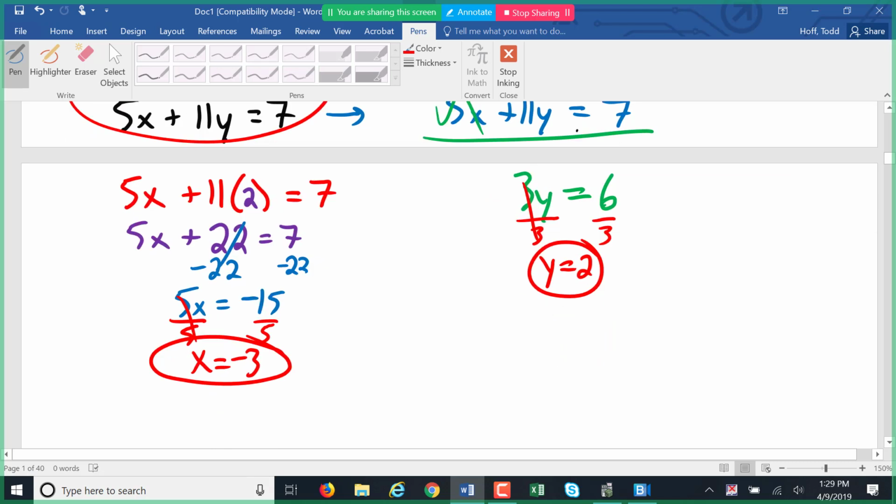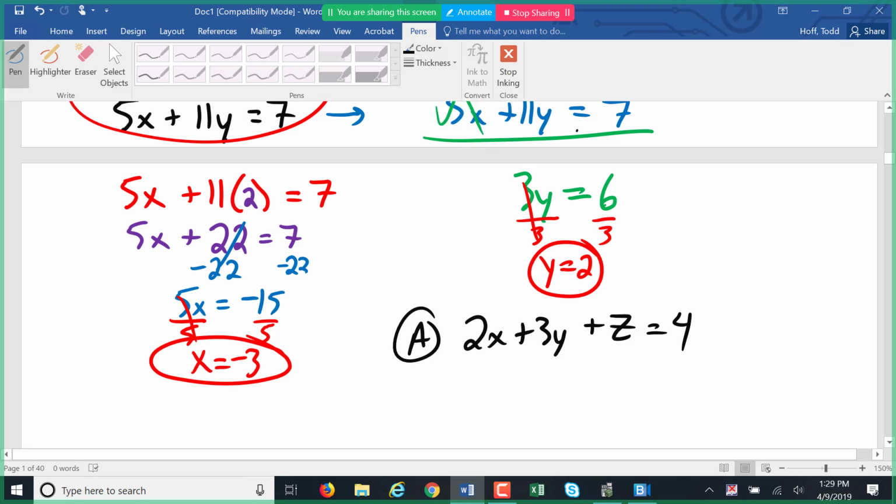We still need to find z. I'm going to go back to equation A to find z. The equation A was 2x plus 3y plus z equals 4.